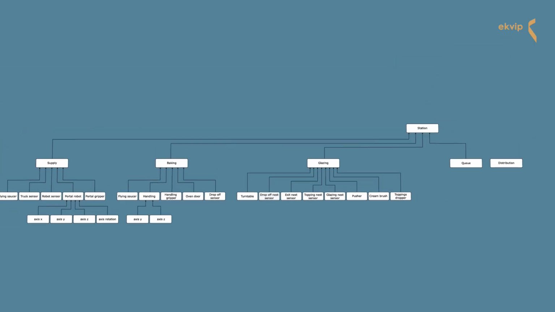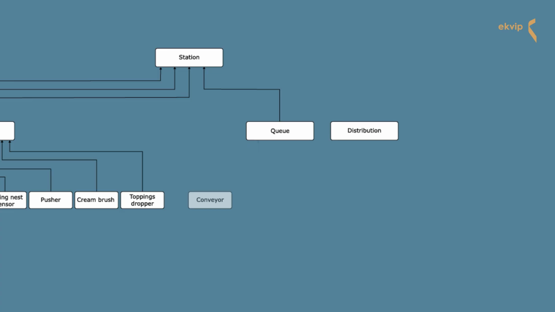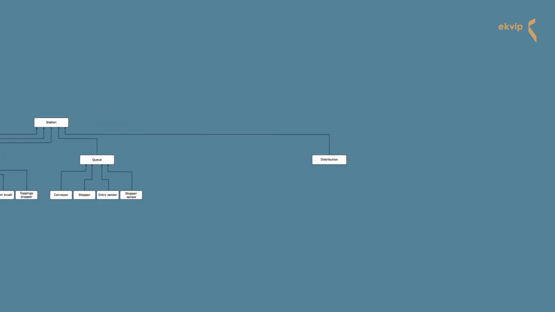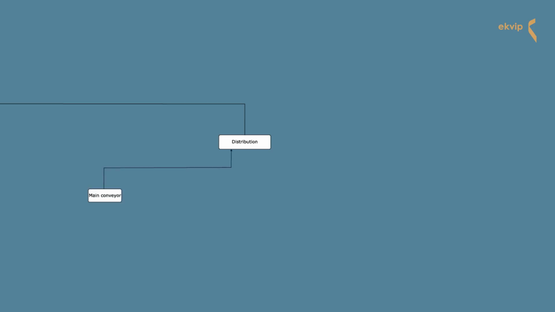The queue node has 4 child nodes: conveyor, stopper, entry sensor, stopper sensor. Distribution contains 9 child nodes: main conveyor, entry sensor, camera exit stopper, camera, camera blocked sensor, exit sensor.